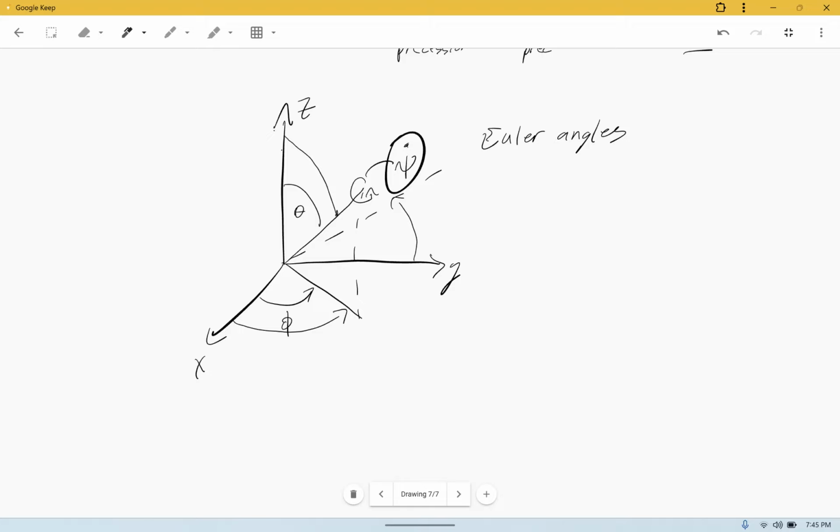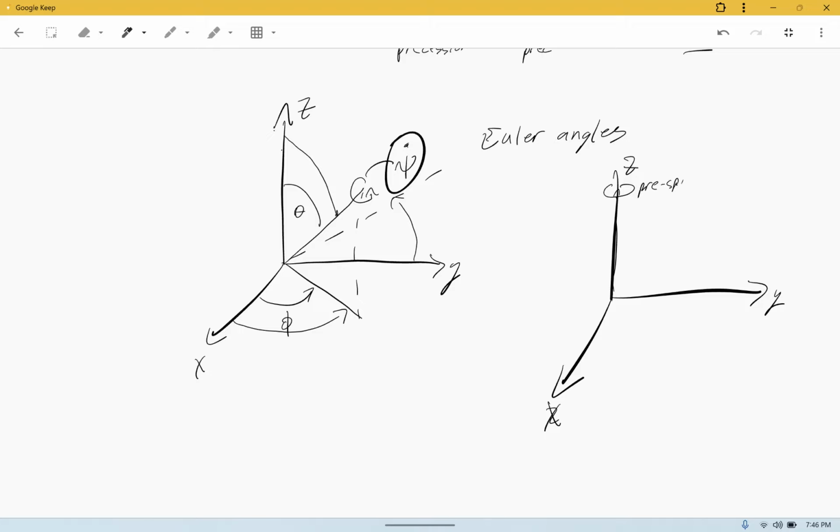But it turns out that you can achieve the exact same result. This is amazing. You can get the exact same result. Oops, this is x, this is z. If you first pre-spin it, just leave it standing vertical up and pre-spin by psi, cool. Then come on down here by theta towards x.